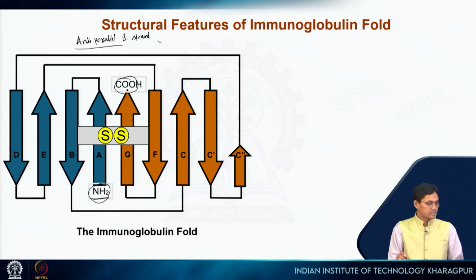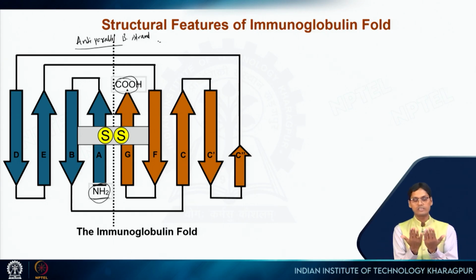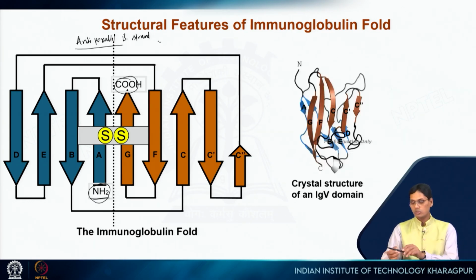If I draw an imaginary axis here, it can be folded. All these beta strands are shown in one plane, but finally it will fold like this, from here to here. So this is our Ig fold. If I fold, it will give rise to this kind of structure.